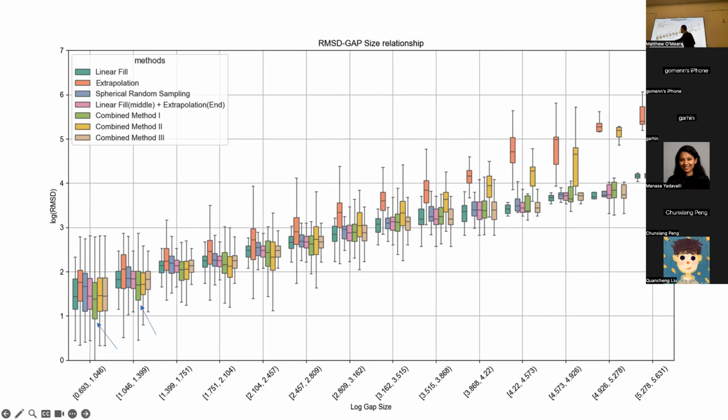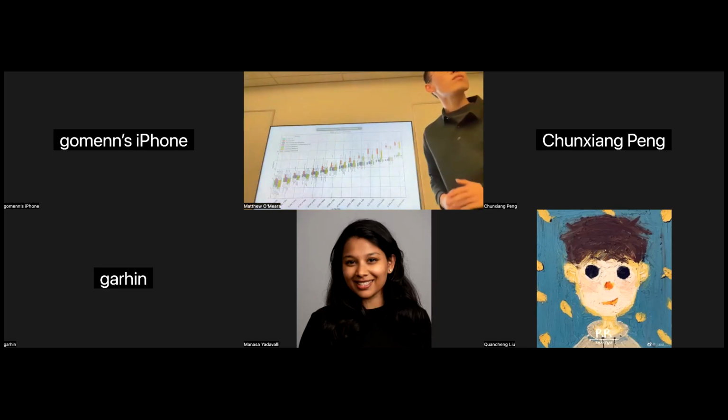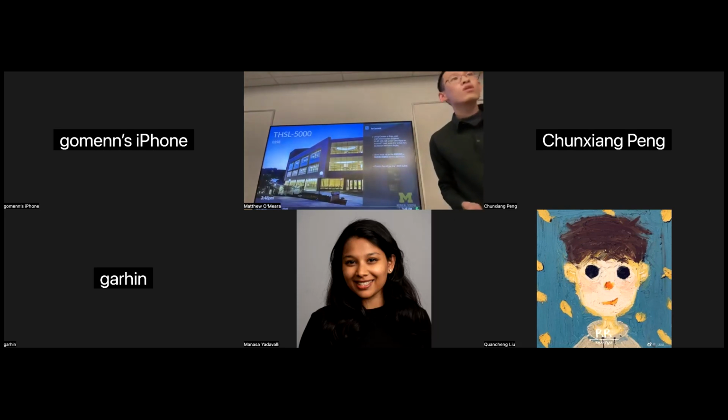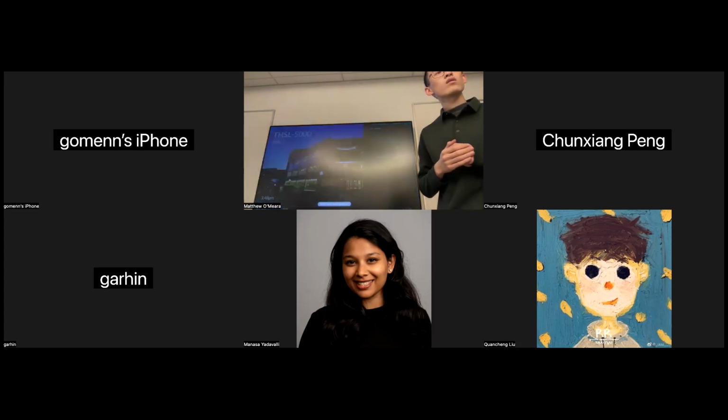The green blocks, they usually... Sorry, I beg your pardon. How significant are the differences when the error bars are overlapping?